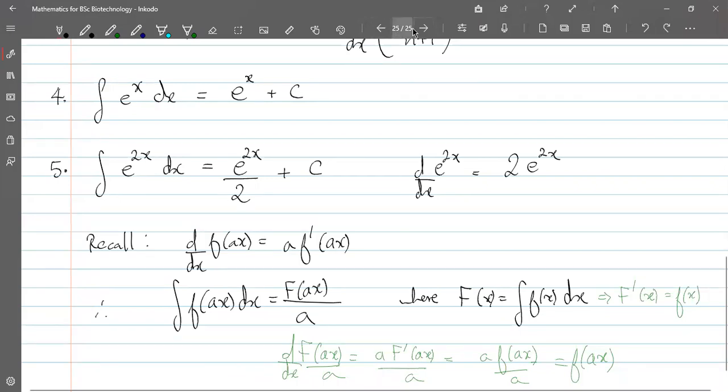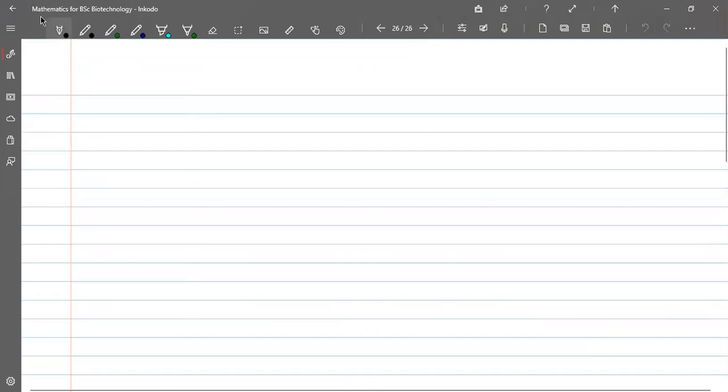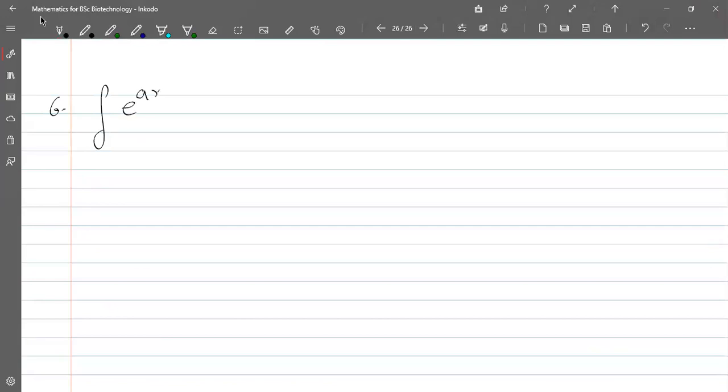So in general, if we want to find the integration of e power ax, what should this be?